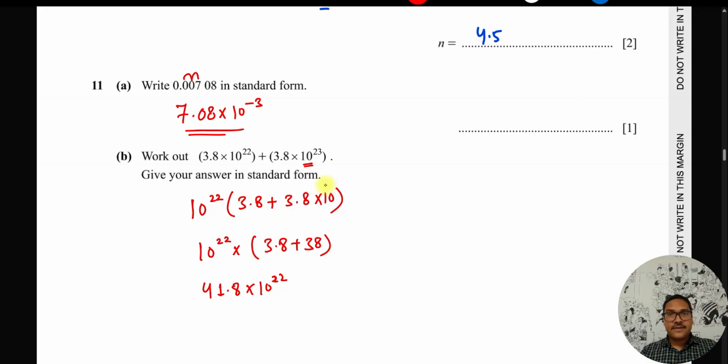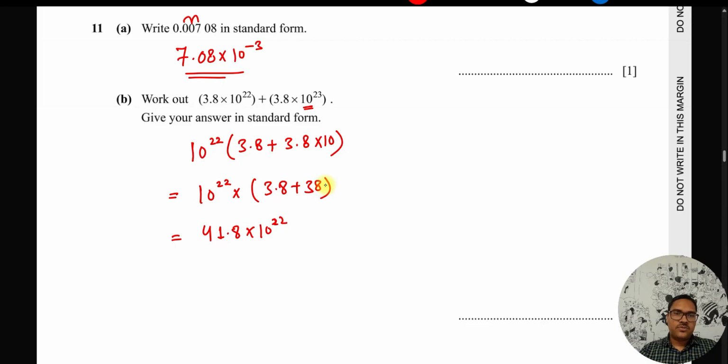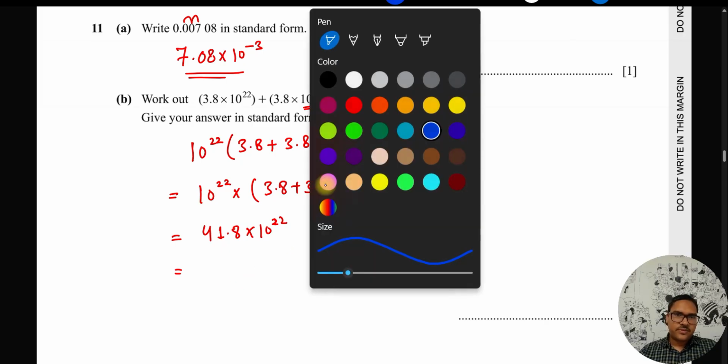So now this is not a standard form. If you have to convert this into standard form, you have to shift the decimal to here. So this is 4.18, and we will divide by 10 and multiply by 10. Okay, I'll show you this.